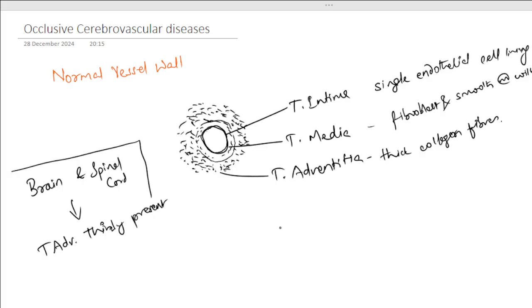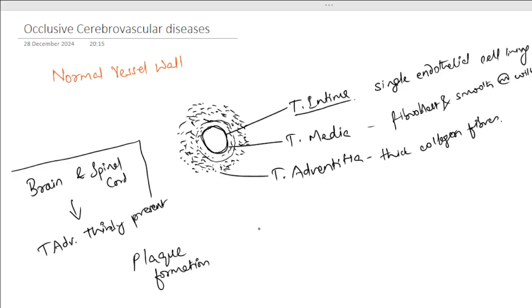So intima is an important barrier here to leakage of blood and constituents into the vessel wall. Intima becomes more important here. So whenever there is plaque formation, now we will be talking about plaque formation.